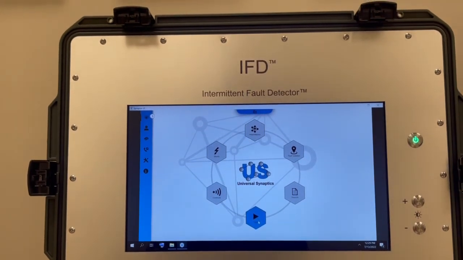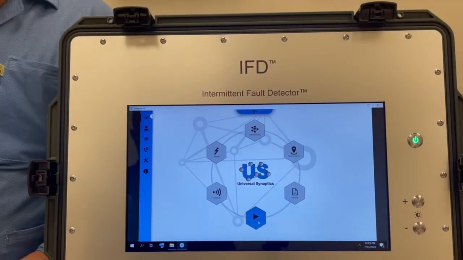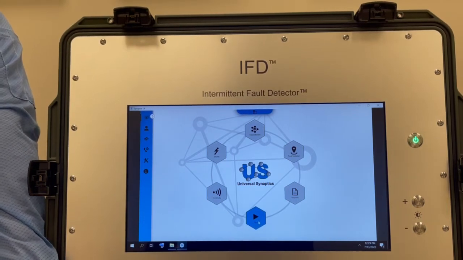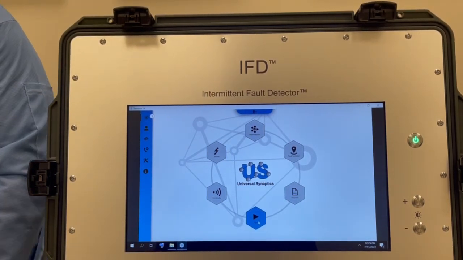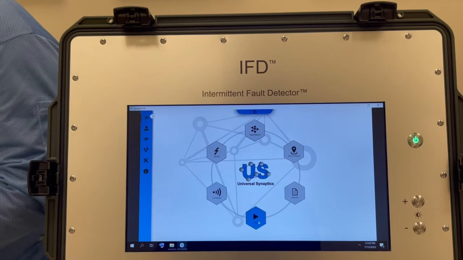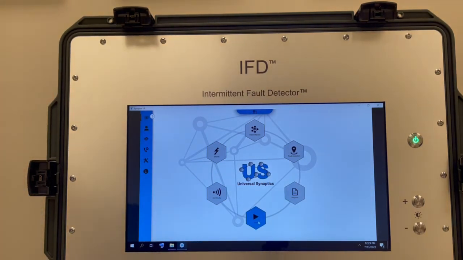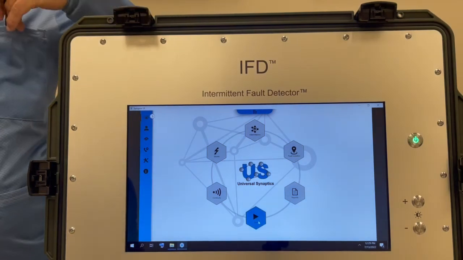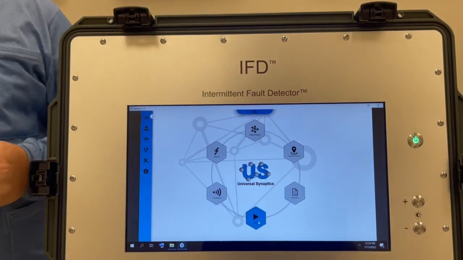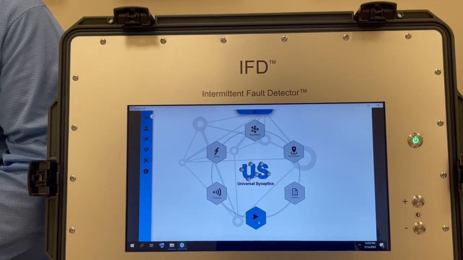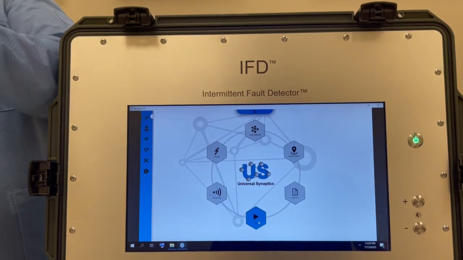So for existing cable sets that may be owned by an organization or a military or a country, we have designed what is called a patch cable. So Tony is going to show this patch cable, J1 through J6.